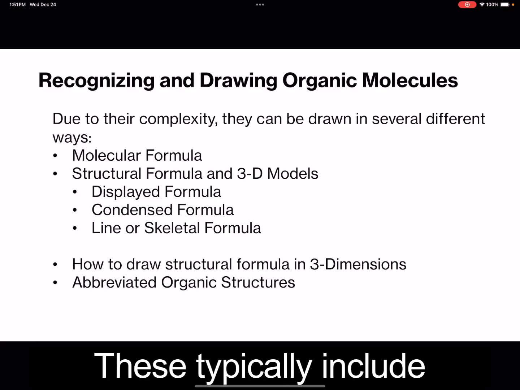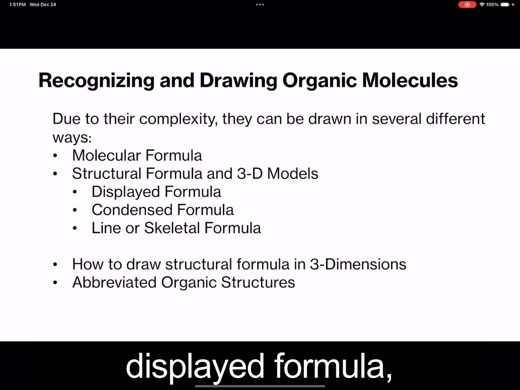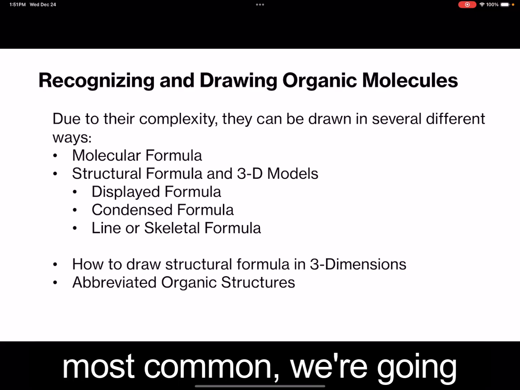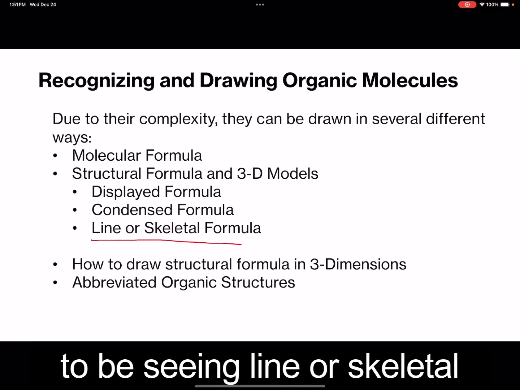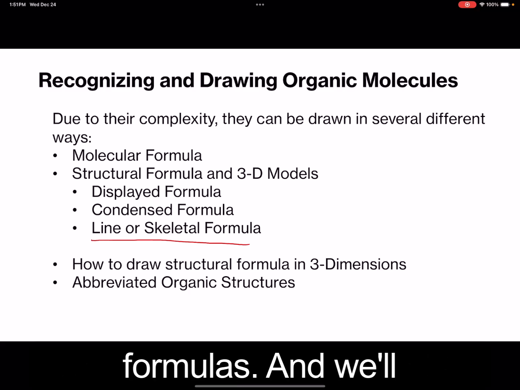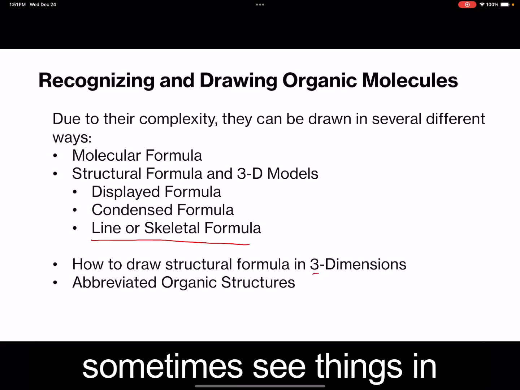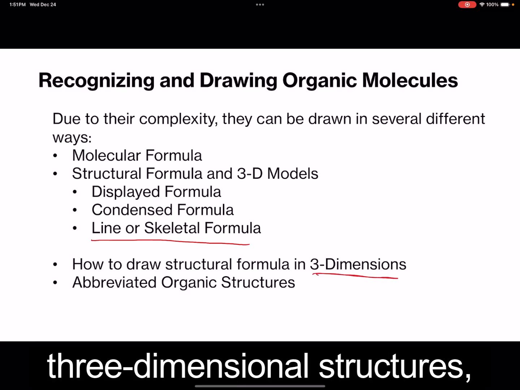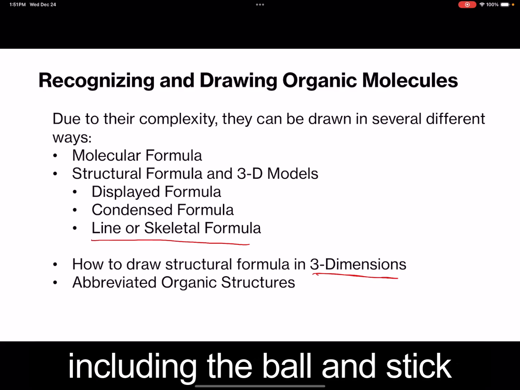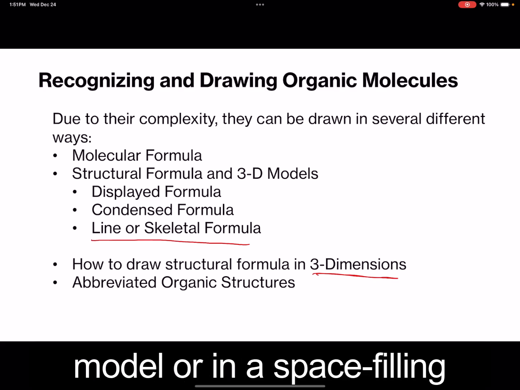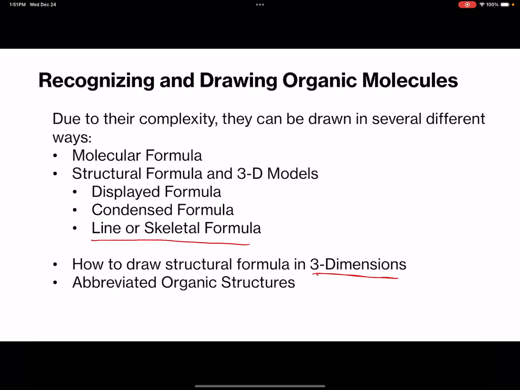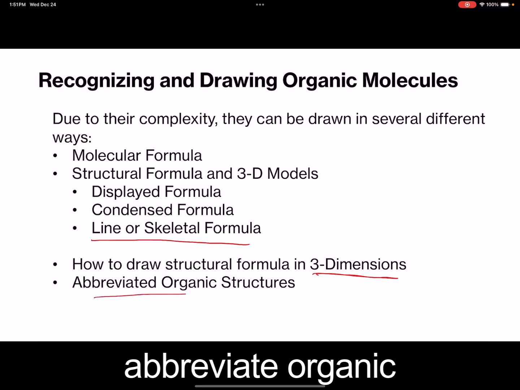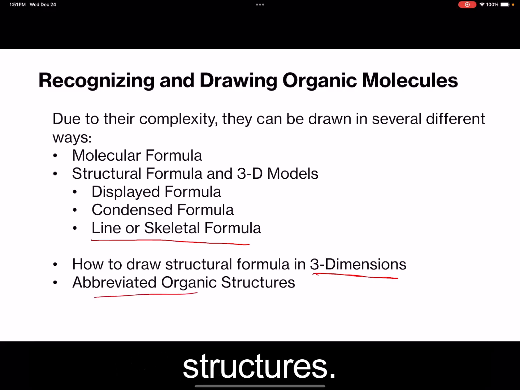These typically include displayed formula, condensed formula, and most common, we're going to be seeing line or skeletal formulas, and we'll sometimes see things in three-dimensional structures, including the ball and stick model or in a space-filling model. We'll also see how to abbreviate organic structures.